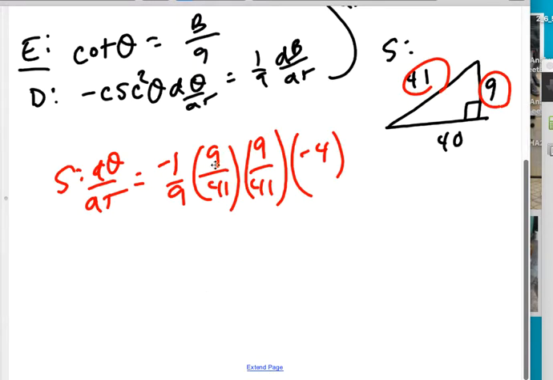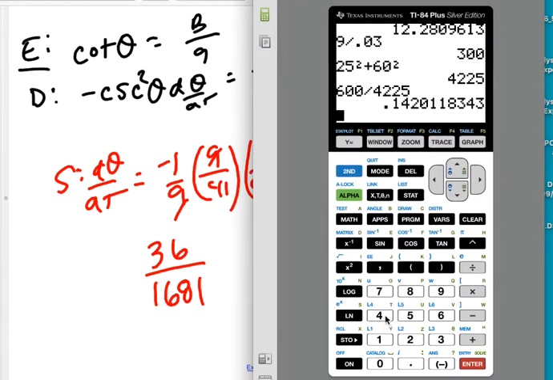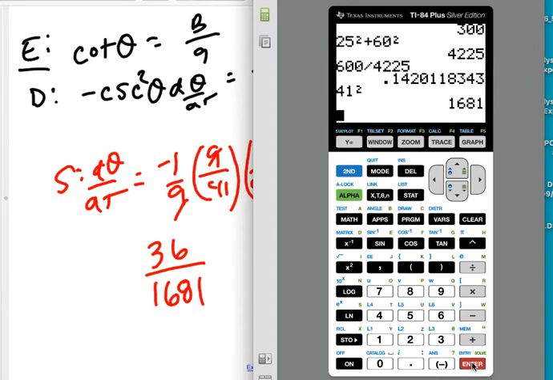So one of the 9s cancels and the negatives cancel, and I seem to get a 36 on top of whatever 41 squared is, which I don't feel like doing. 1600 and a 40 and a 40 and a 1, so 1681 is what I'm going to come up with, but we're going to find out in a second because I'm tired and my brain is not awesome.